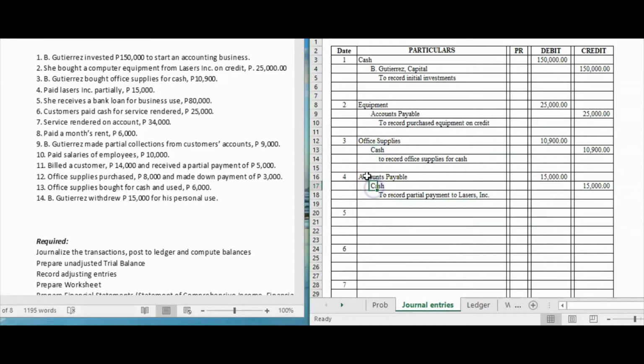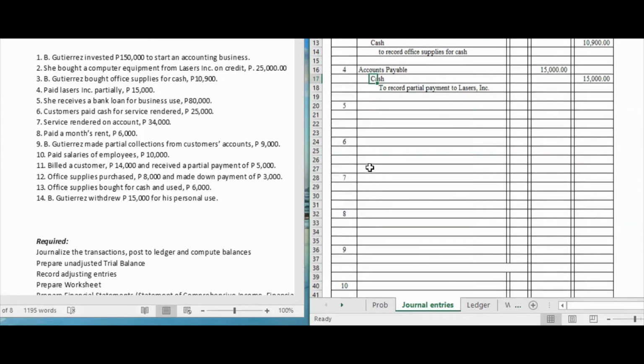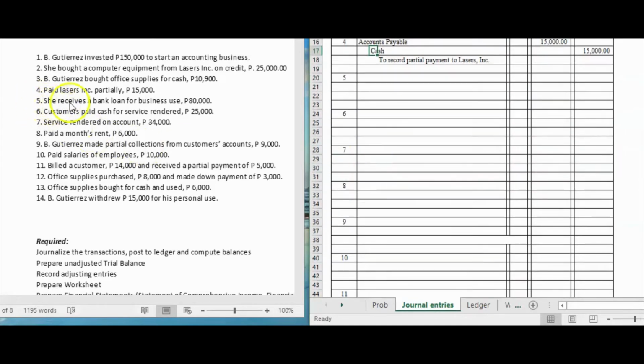There. So, ang in-imagine lang natin ano ang pumasok at ano ang lumabas sa ating business. We have the fifth transaction here. She receives a bank loan for business use, 80,000. Okay, naka-receive siya ng bank loan. So, may pumasok na pera na 80,000 na utang niya.